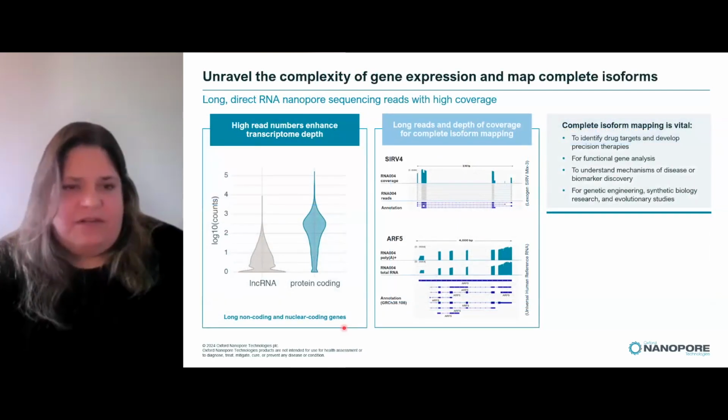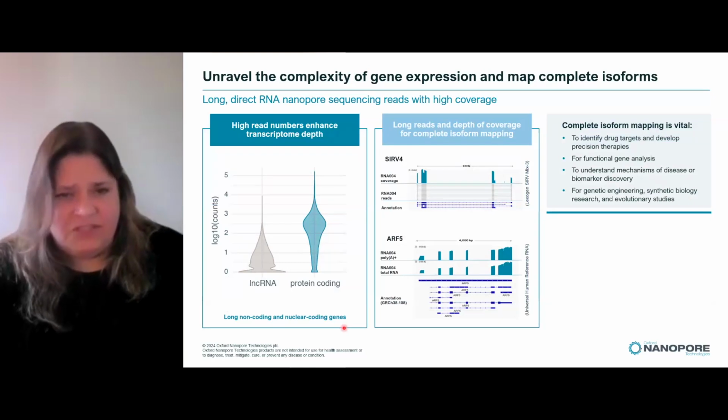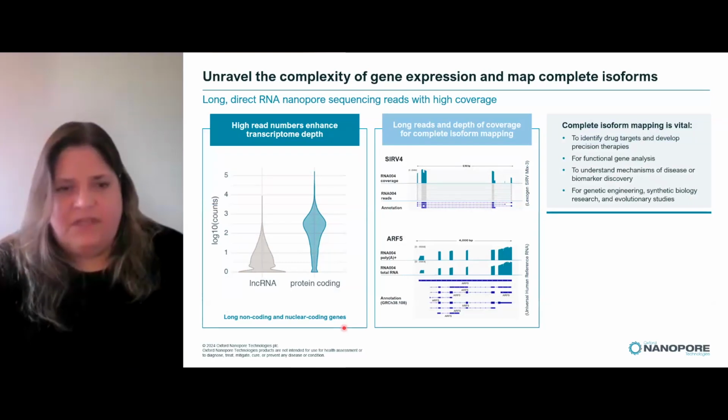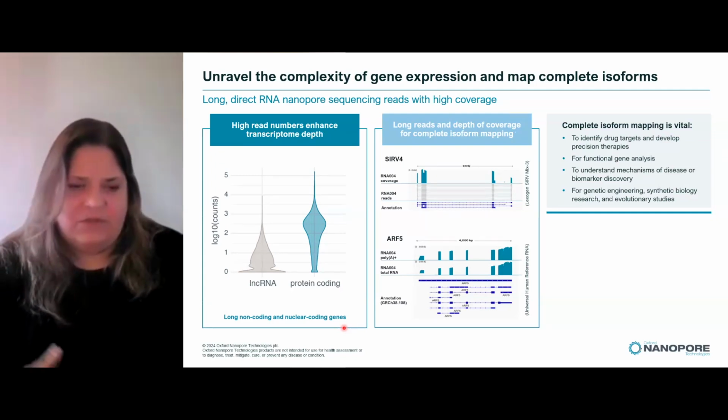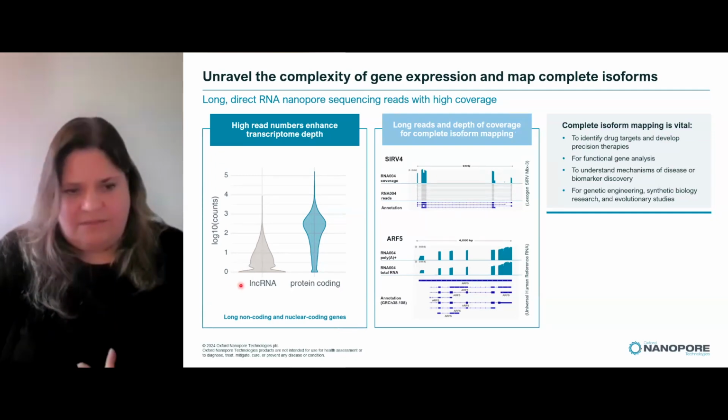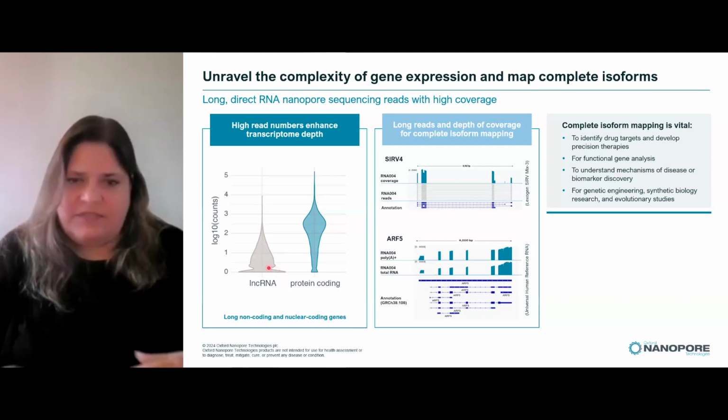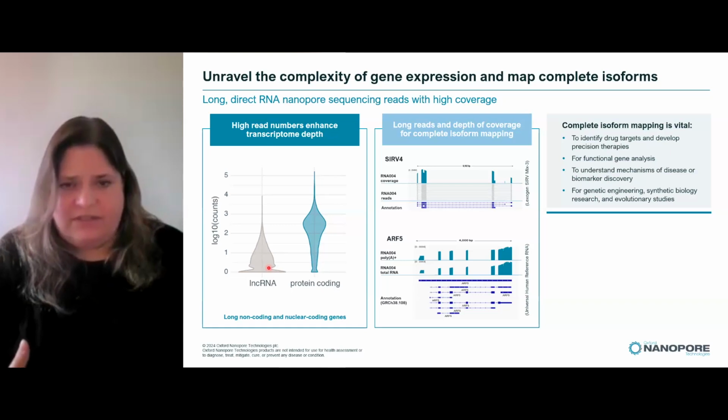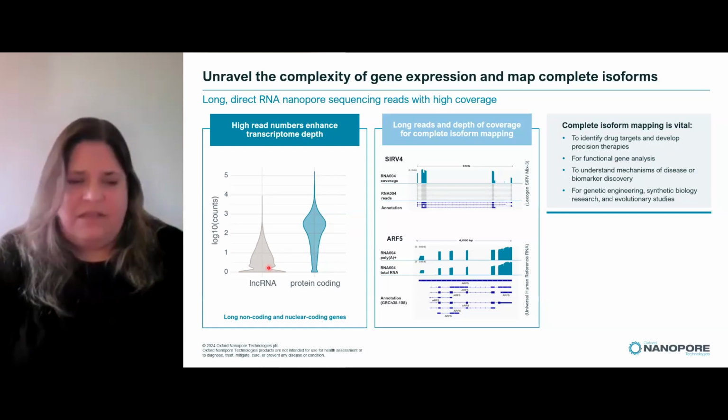So we can also unravel things like the complexities of gene expression, and we can map complete isoforms. So for example, the kit, as I mentioned, will pull out anything that has poly A tails. So you can look at long non-coding RNAs. Obviously, sometimes these are very long and therefore they're difficult to sequence with traditional or legacy cDNA methods.